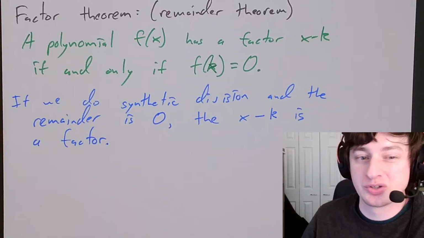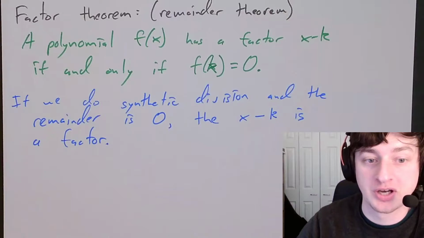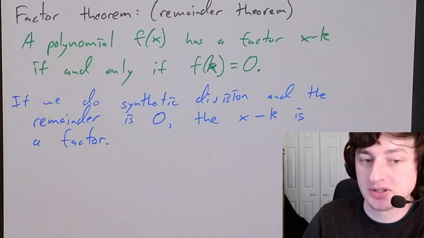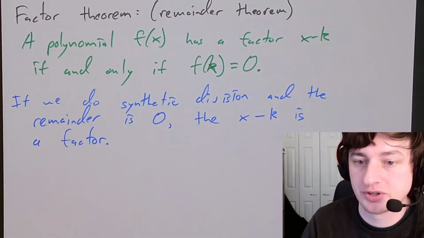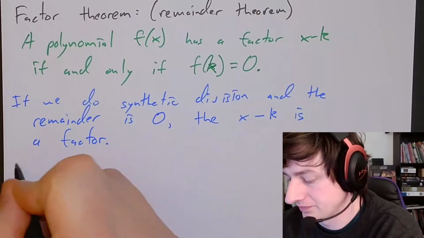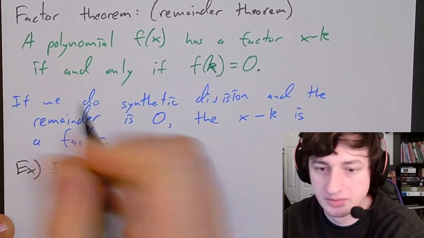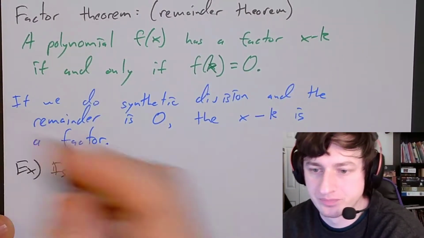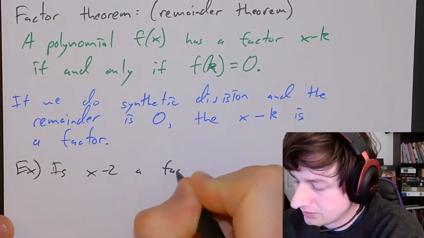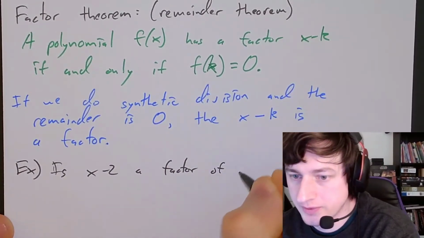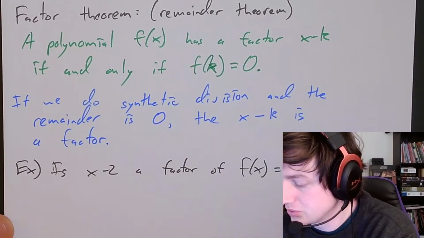Now, some of the examples we're going to do right here at the beginning are factorable using other methods that are probably preferable to this, but we're just going to use it as an example for what we're trying to illustrate. So how does this work in practice? Well, is x minus 2 a factor of f of x equals x squared plus 2x minus 4?